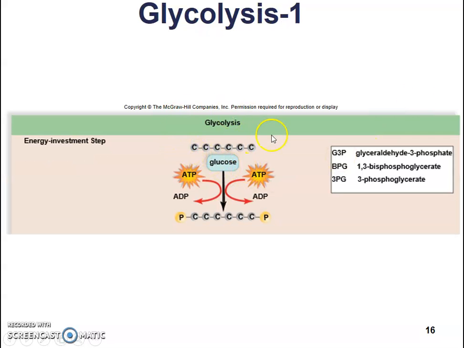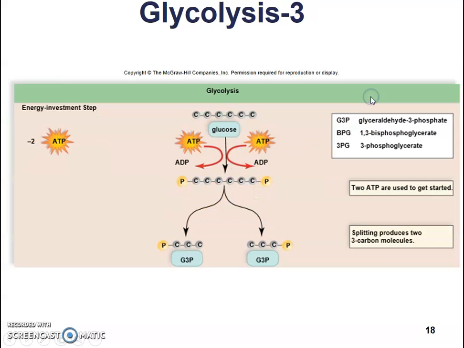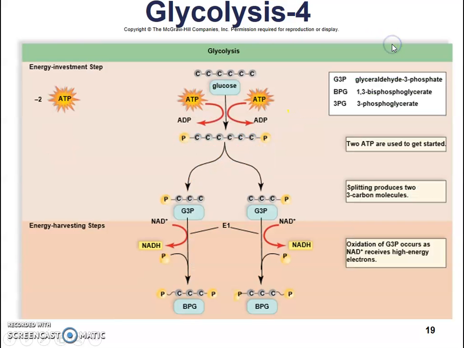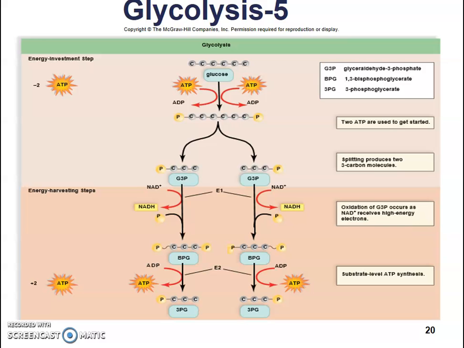So here we have our 6-carbon chain, our glucose. It is split using those 2 ATP molecules. It is split into G3P, that's the molecule that's made during photosynthesis. Okay, and then we oxidize it. The oxidation of G3P occurs as NAD+ receives high energy electrons. And then we get some substrate level ATP synthesis whenever we stick that phosphate onto the ADP.